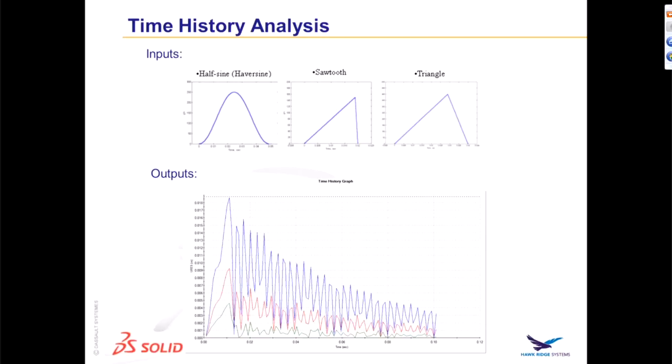Now, the inputs for the time history analysis often will look rather different. You might have half-sine or sawtooth or triangle inputs for the loading conditions, whether that's, again, g-forces and how they might be changing over time.